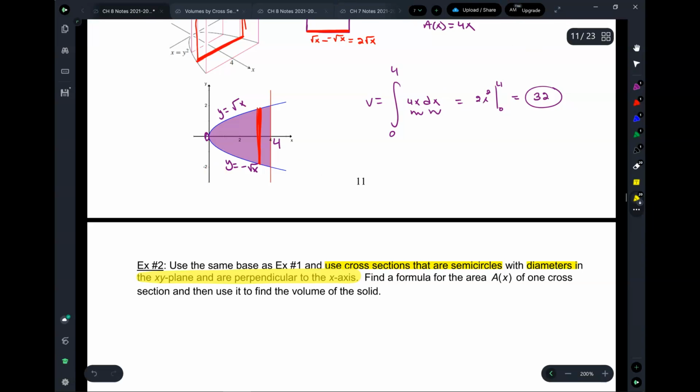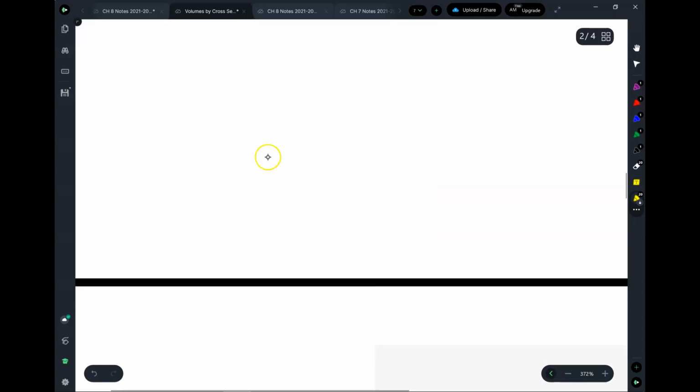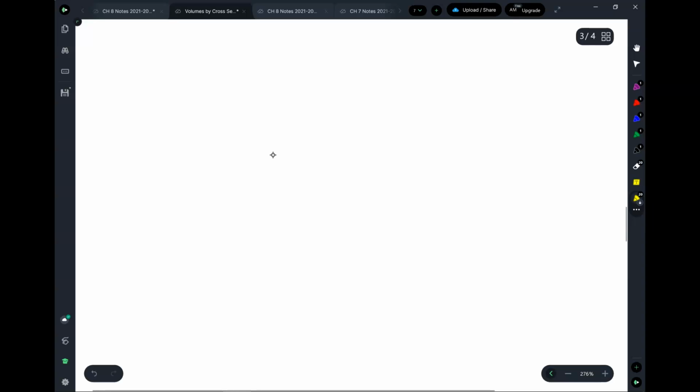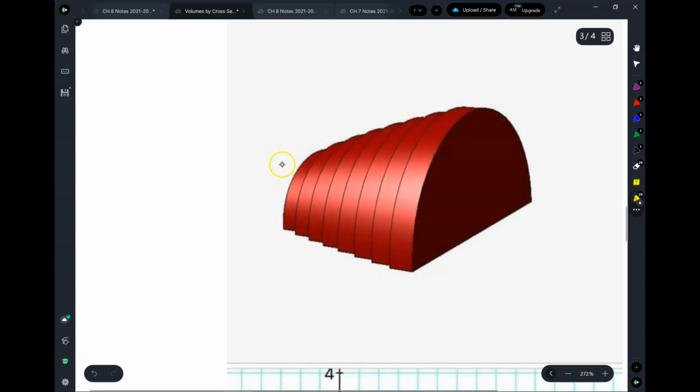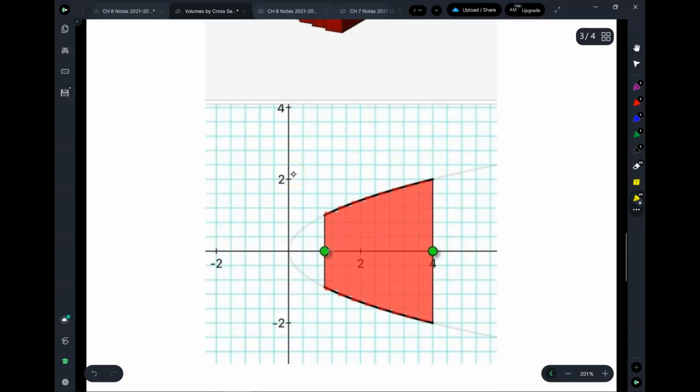I'll tell you what that looks like because I have it here. Now they're going to be semicircles. Do you see that? So this is pretty much what we have.